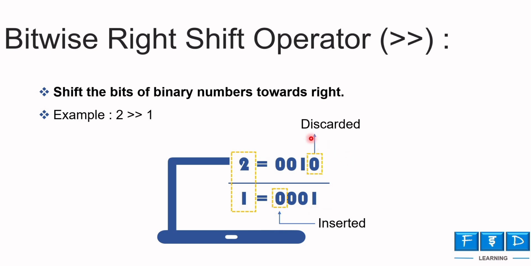I'll repeat. During the bitwise right shift operator, the last bit is discarded. Because of that, the first digit becomes vacant and the vacant digit is filled with 0. So the binary representation of 2 is 0010, and shifting the bits right by one position results in 0001, which is 1 in decimal.